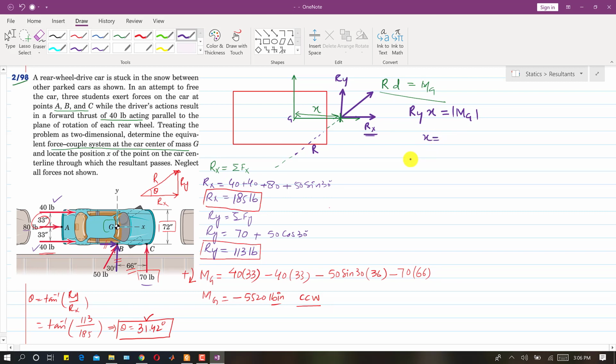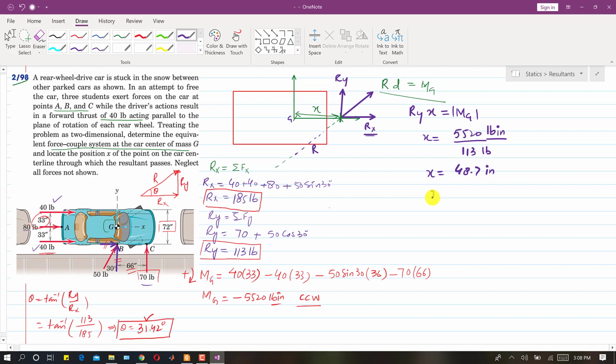So x will be equal to the moment about G, which is 5520, divided by Ry. Ry is 113. So x comes out to be 48.7, and this will be in inches. This was in pound inches, and this was in pounds as well, so pounds will cancel out and we will be left with inches.